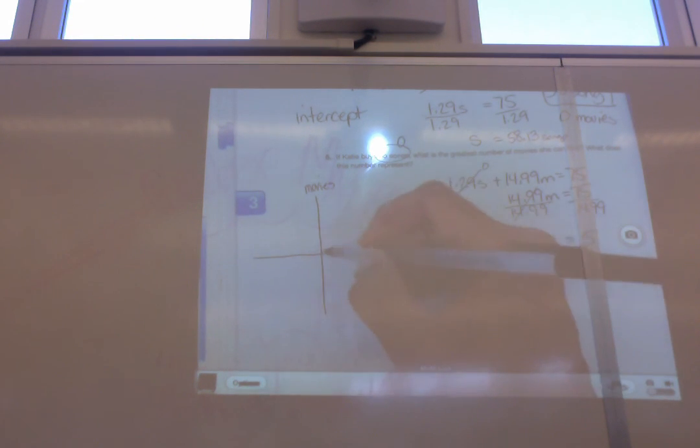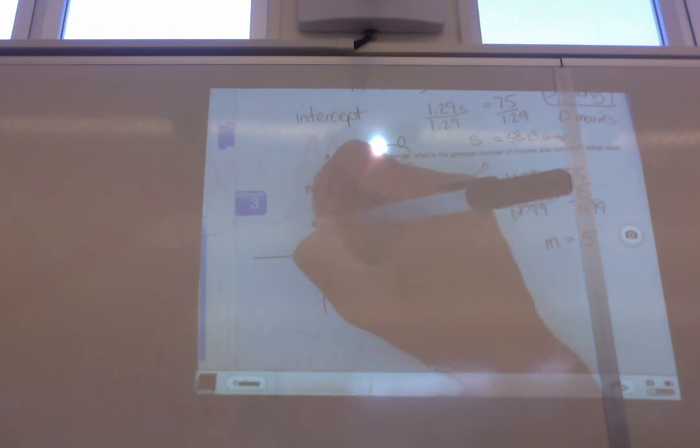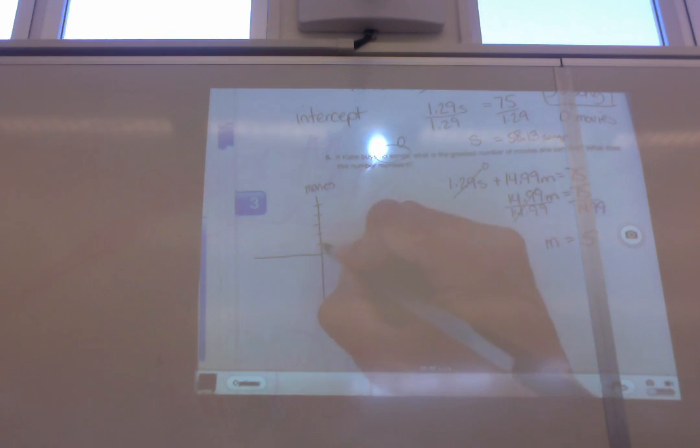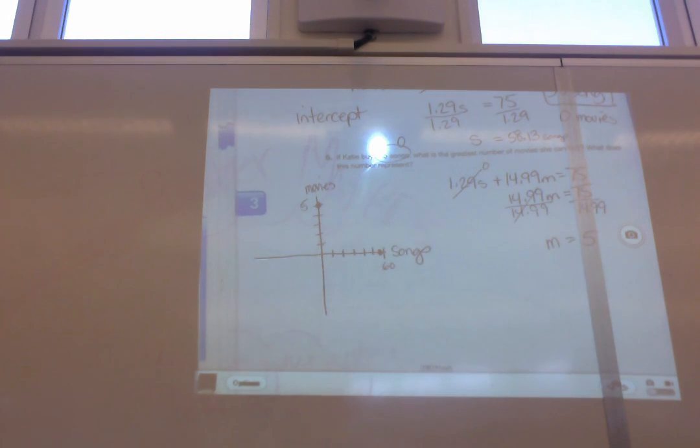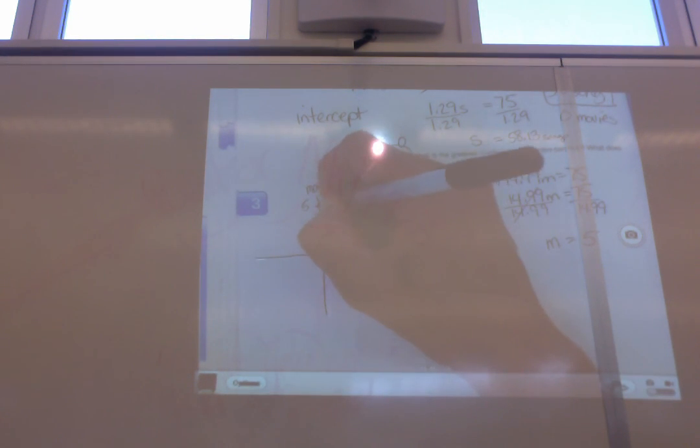Okay, so movies, this axis I'm going to number differently. 1, 2, 3, 4, 5. This was by tens, that's 60. That's okay. If they're different things, the axes can be labeled differently. But again, that's 5 when songs is 0.